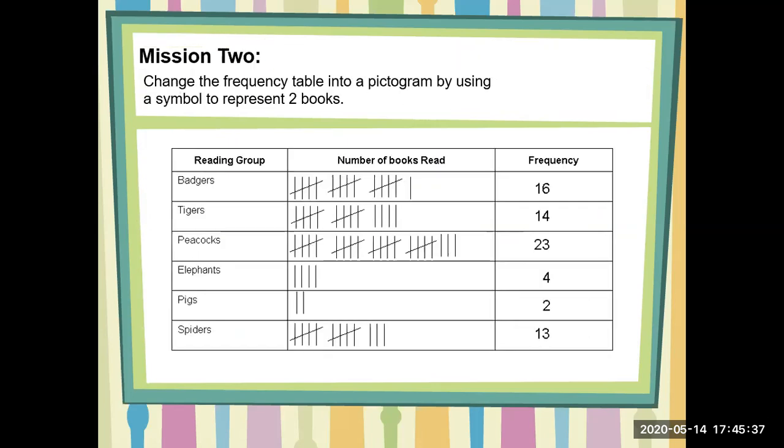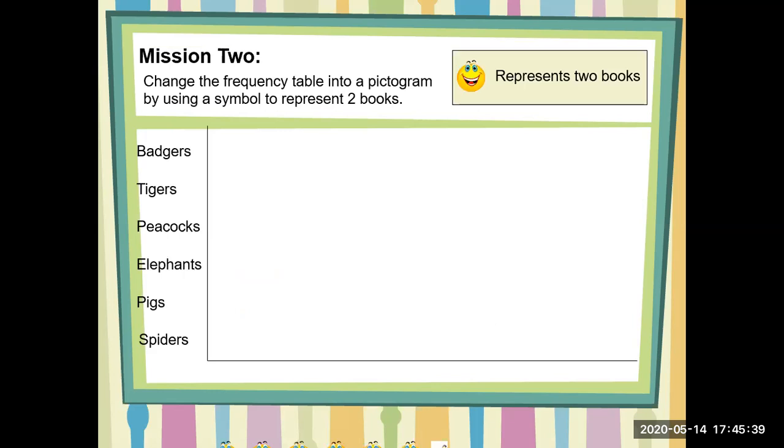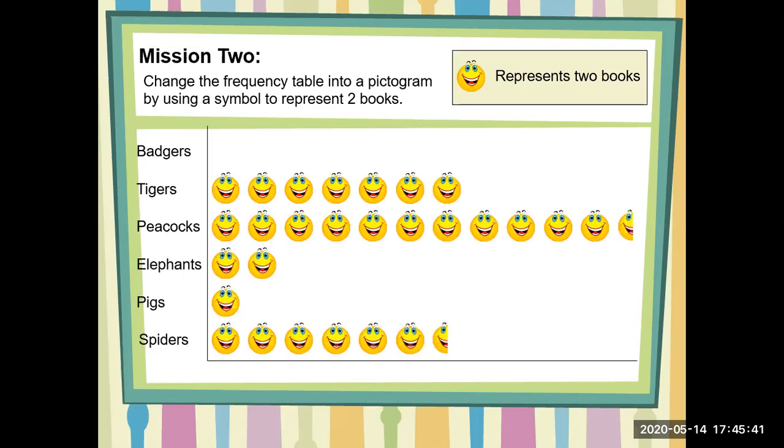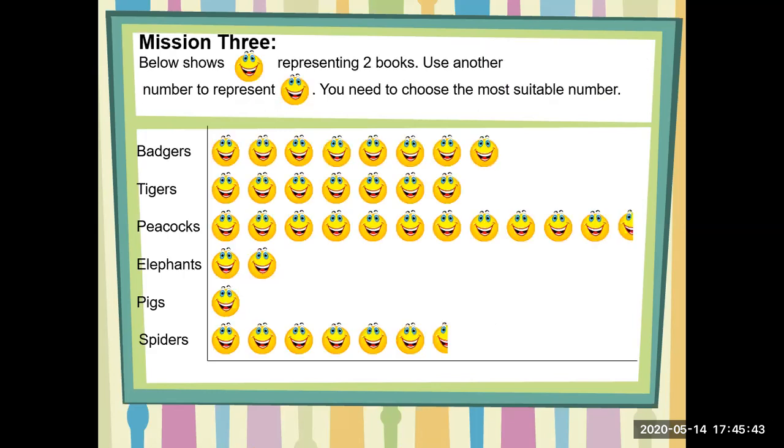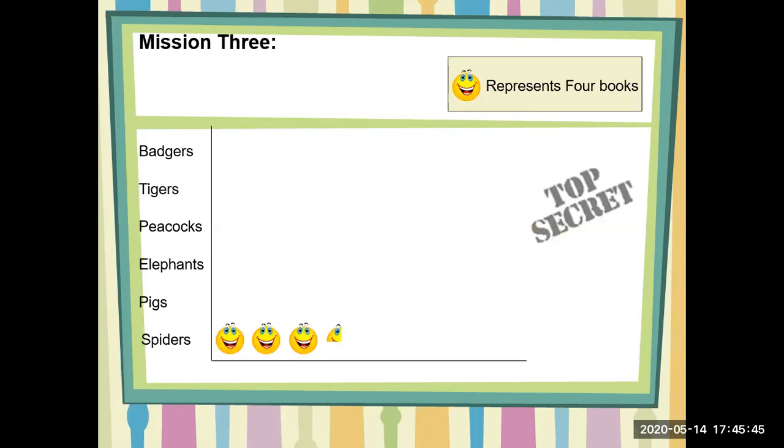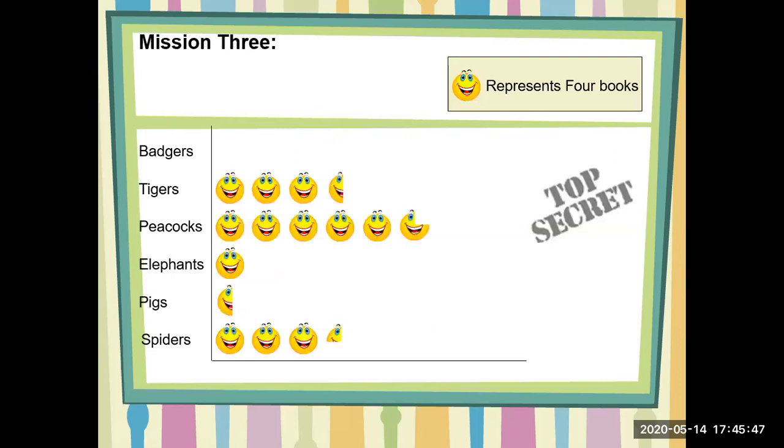Your tiger is 14, sorry. So 14 divided by 4. 14 divided by 4 is 3. Fantastic. And you have a remainder of 2 left.